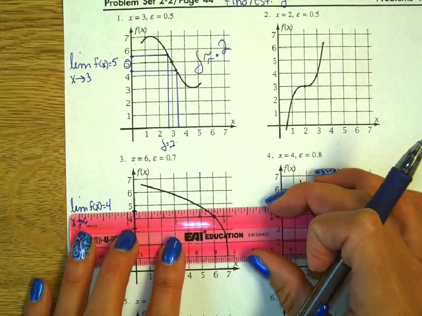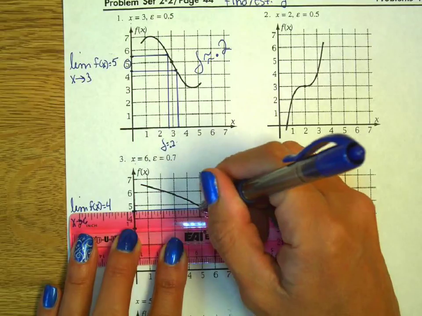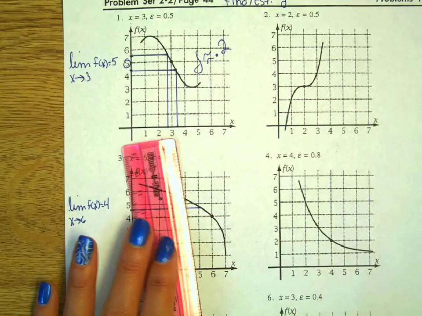Draw horizontally until you hit the graph. Then down.